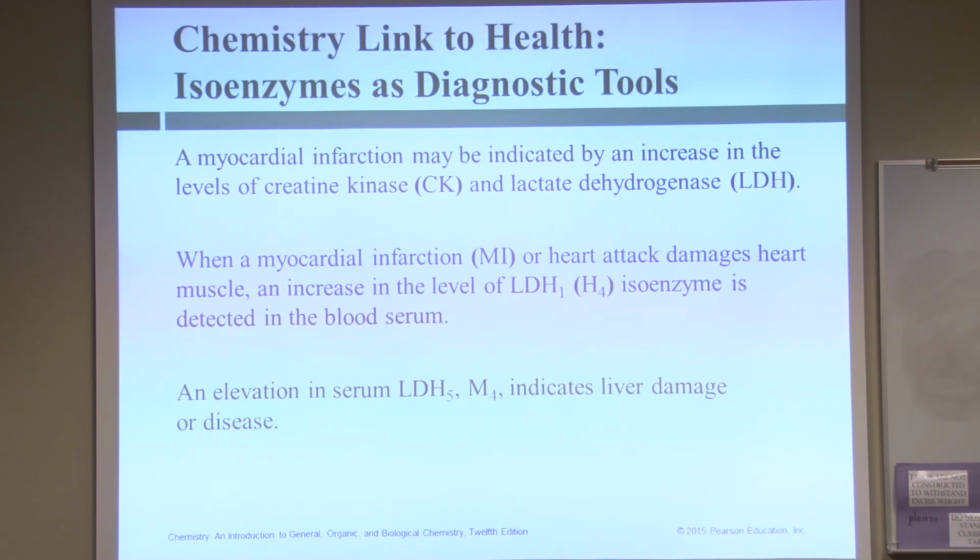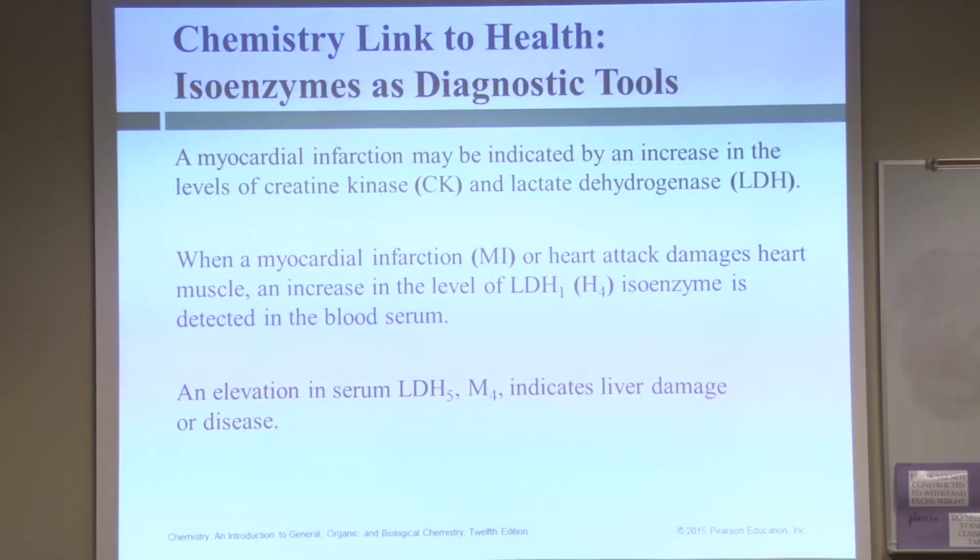So a myocardial infarction may be indicated by an increase in the level of creatine kinase and lactate dehydrogenase. So these are diagnostic tools. By measuring these values, they are used as diagnostic tools.